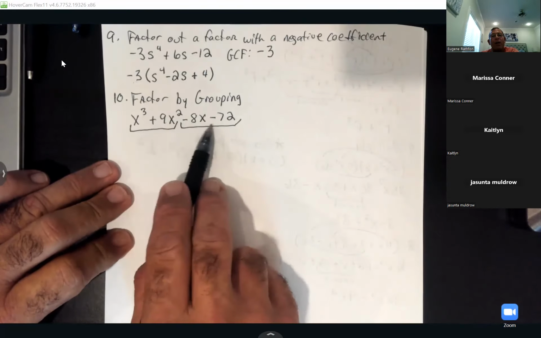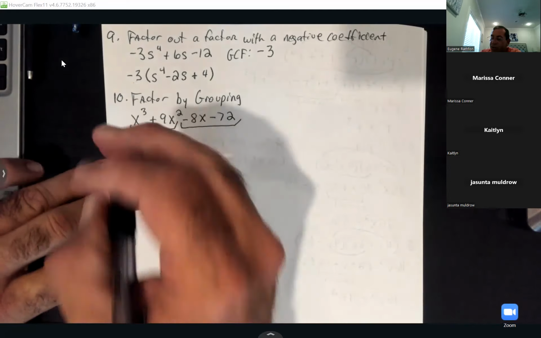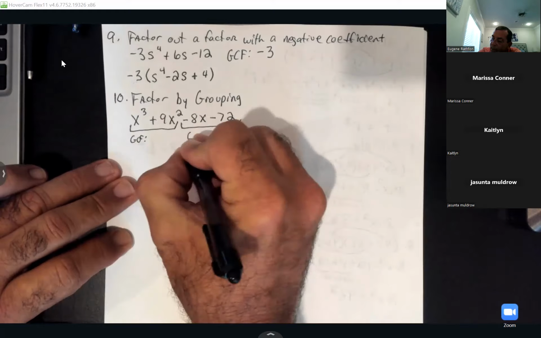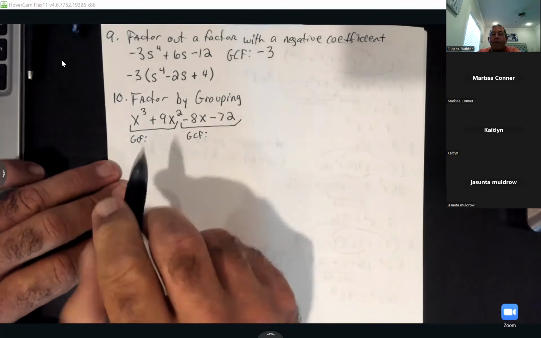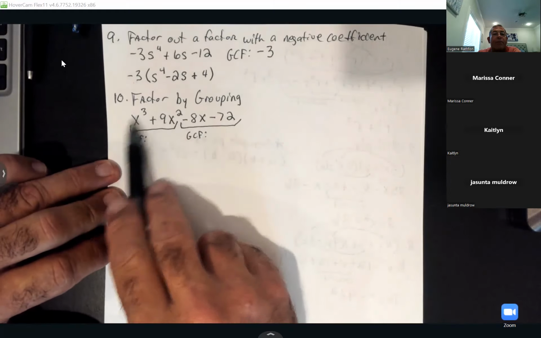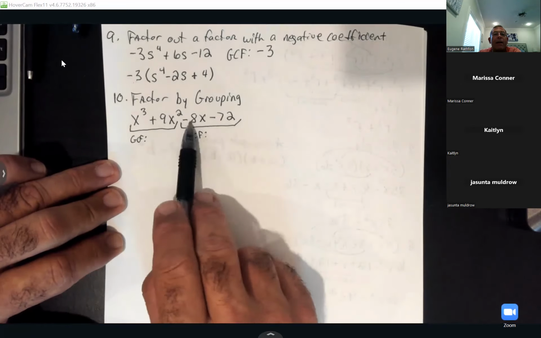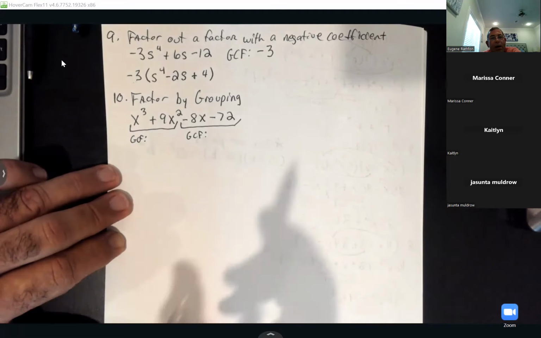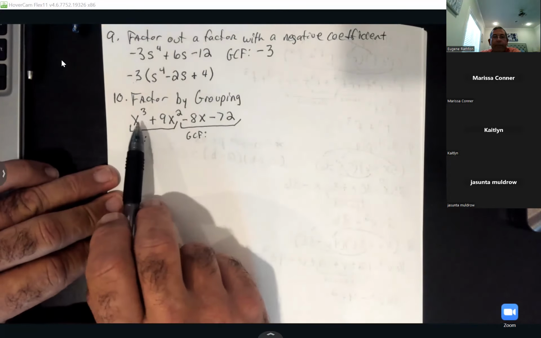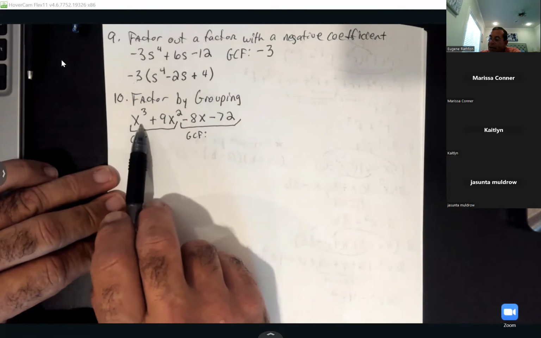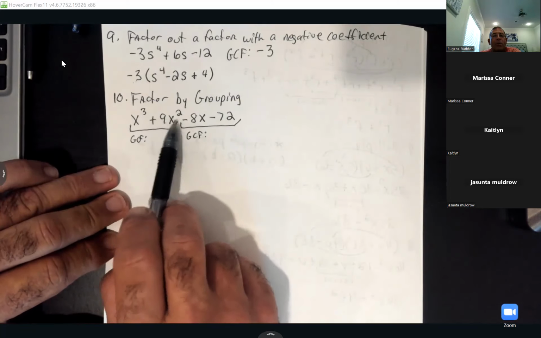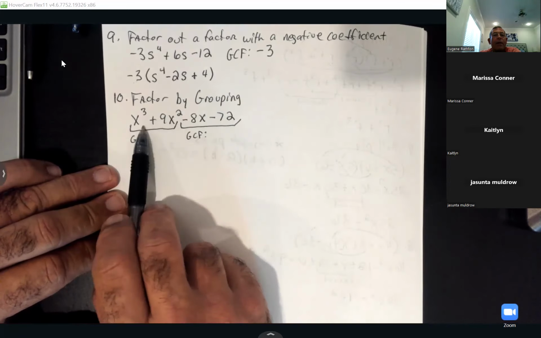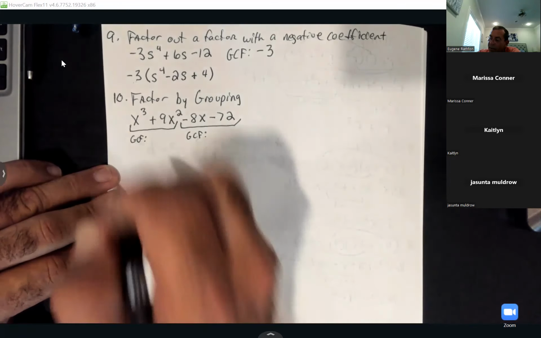And from each term, we have to factor out a GCF. So first of all, I'm going to figure out what the GCF of the first 2 terms is, factor out the GCF of the second 2 terms, and then we'll factor it out and write our parentheses. So I got an x to the 3rd and a 9x squared. What these 2 terms have in common is an x squared.